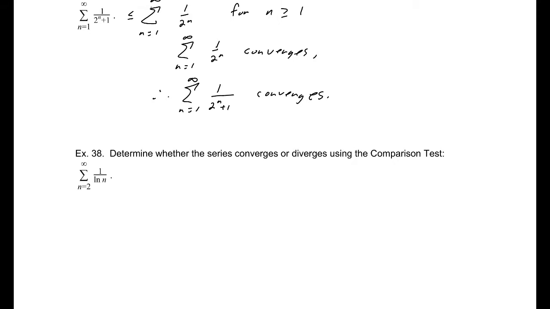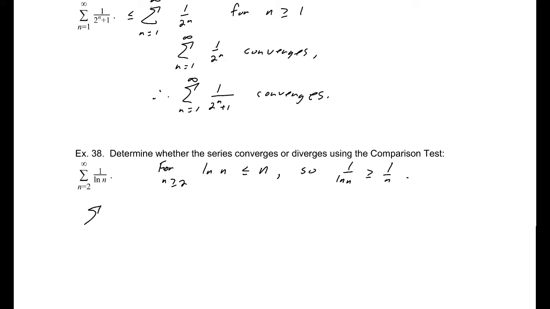So it does not look like either the geometric or the p-series. But let's notice that for n greater than or equal to 2, ln of n is less than or equal to n, which means that 1 over natural log of n is greater than or equal to 1 over n for all n greater than or equal to 2.